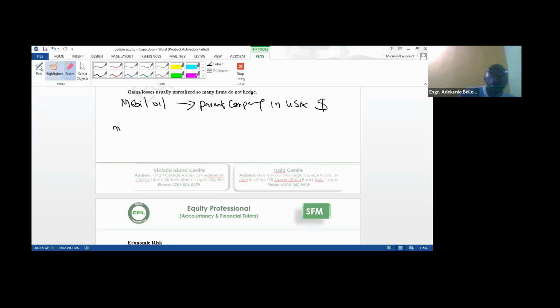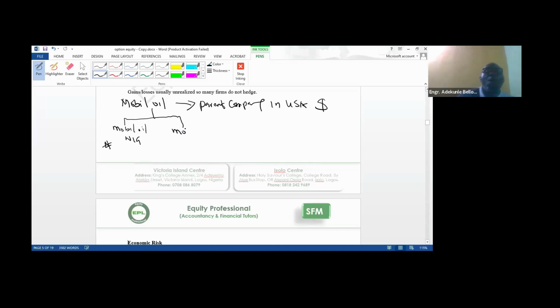We have Mobil Oil Nigeria with a currency of naira.